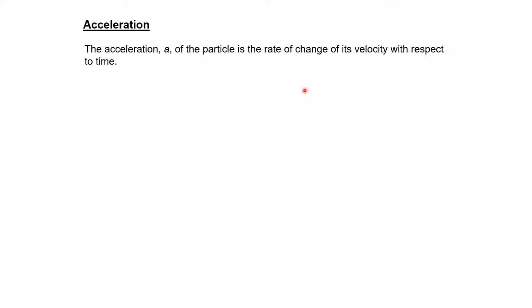Now we will look into the third property, which is the acceleration. The acceleration of a particle is basically dv/dt, means rate of change of velocity with respect to time. So therefore, a is v' or s''. In this case, just now, v was x'(t) i plus y'(t) j.